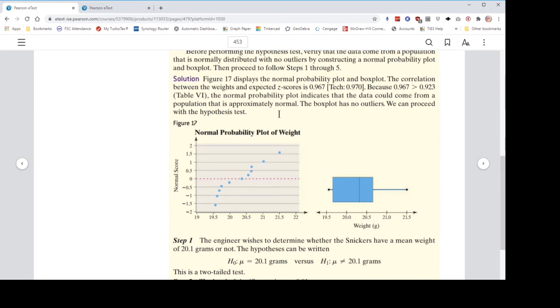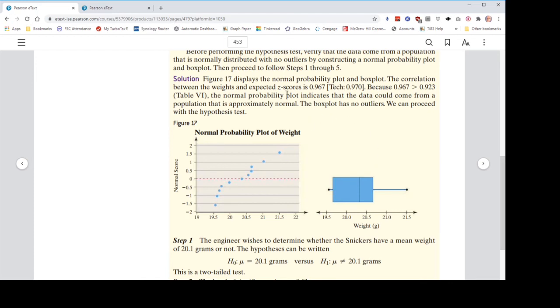Otherwise, you would just look for a table online for normal probability correlation coefficient test critical values. You'll find that the critical value there is 0.923. So our correlation is higher than the critical value, which means I can say that this correlation is significant.